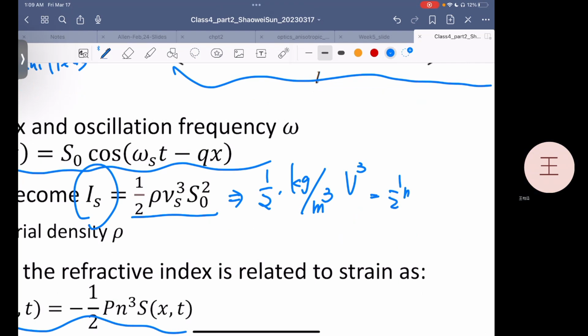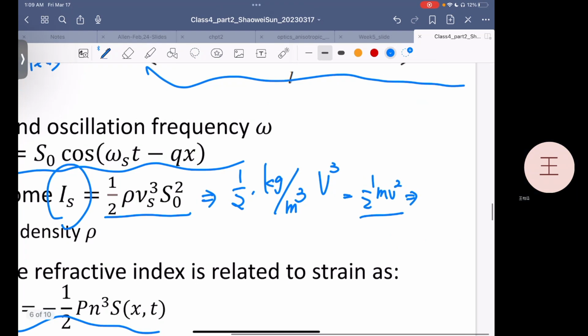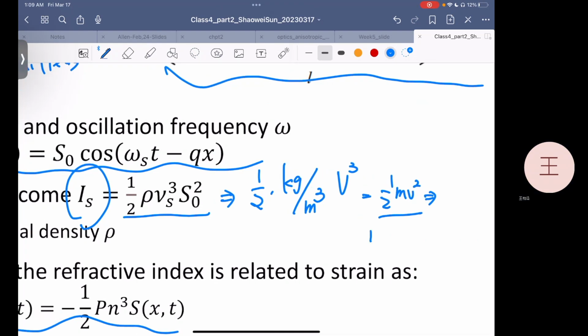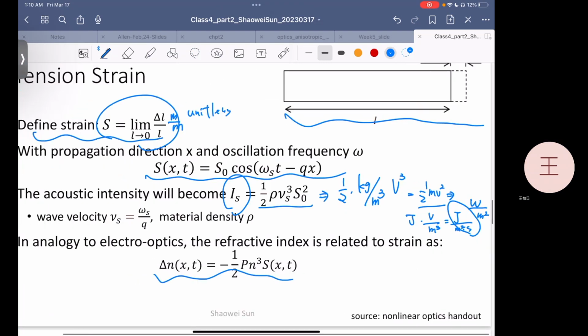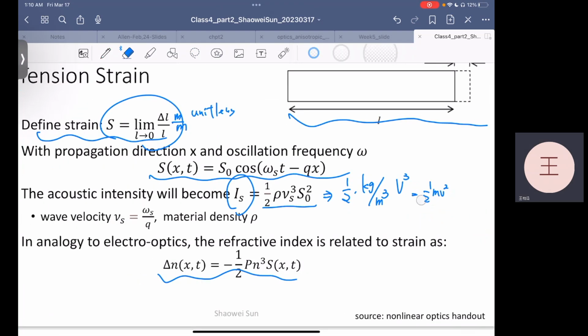And this term gives the energy. Thus, only times V left, which gives, and this is the power. So actually it's the power per area. Listed here.